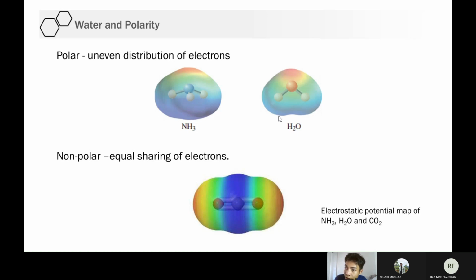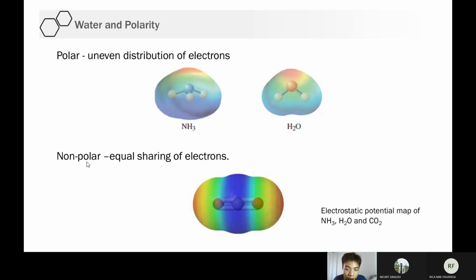So, for water, yung red part ay kay oxygen because oxygen is more electronegative than hydrogen. So its tendency is that it will pull the electrons off from hydrogen towards itself. So pag hinila niyo yung electrons down, mapupunta kay oxygen yung electrons. So uneven yung distribution. So basically, that will be a polar molecule.